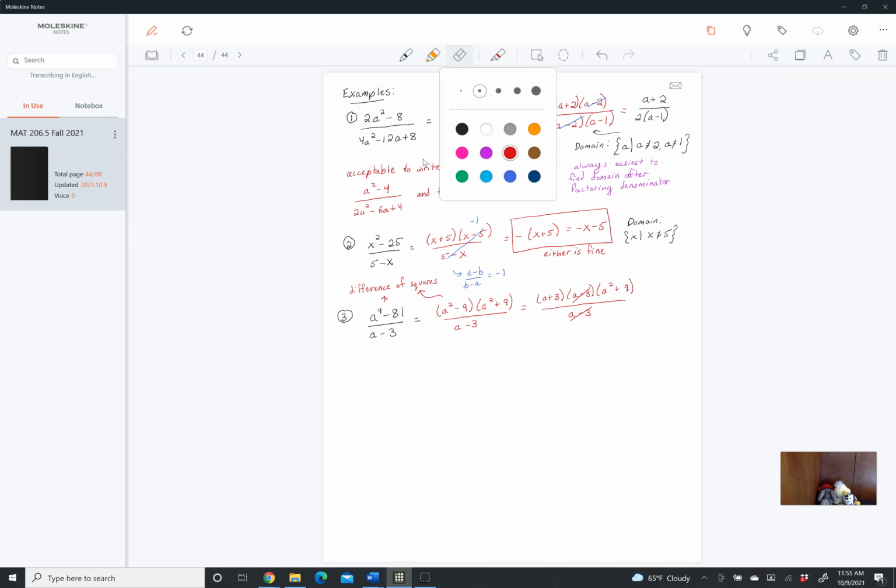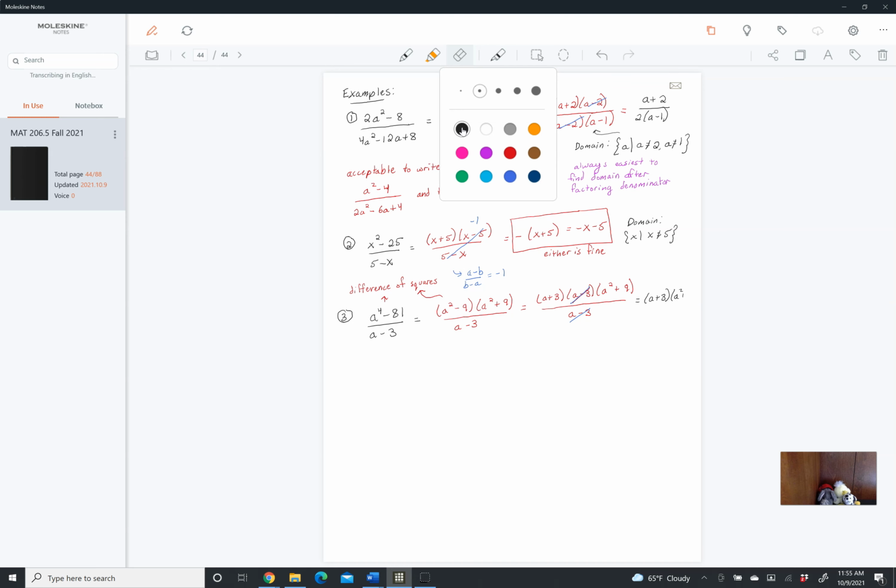The a minus 3 cancels. Sorry, I meant to do that in blue so that you could see it. And what we're left with here is a plus 3 times a squared plus 9.